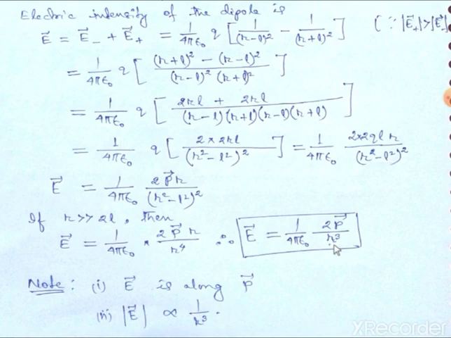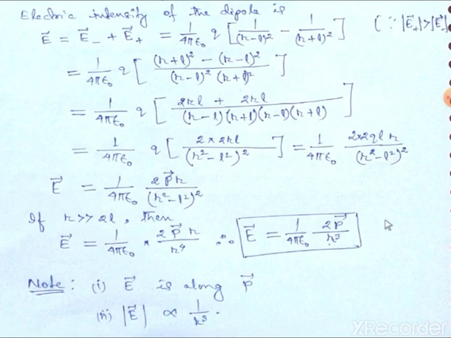The electric field due to a single point charge decreases as the point of observation goes outward. That means if r increases, electric field E decreases.